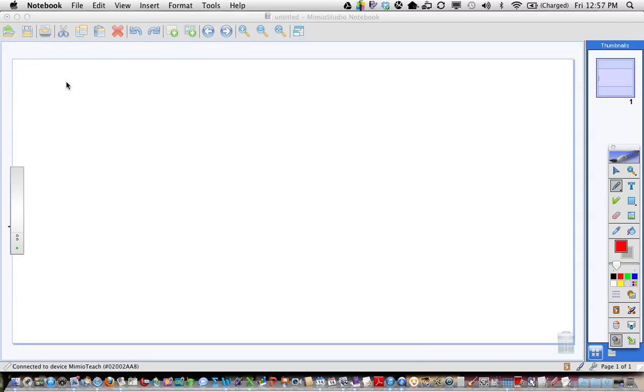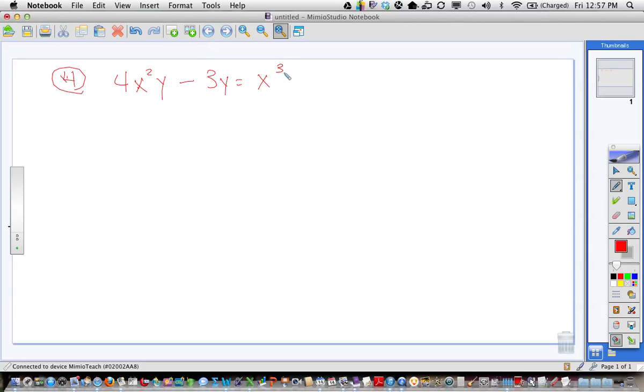So on number 4, we have 4x squared y minus 3y equals x cubed. On the gateway test, somebody in the other class asked, how will I know what I should be looking for to know if I need to do implicit differentiation?